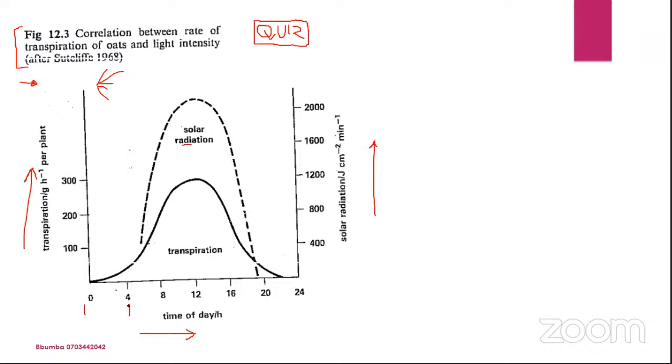Then from the 4th hour to around this hour. And then to around midday, to around 12 here, when you have the maximum. The maximum is around midday. So can I have someone raise their hand and comment about it?